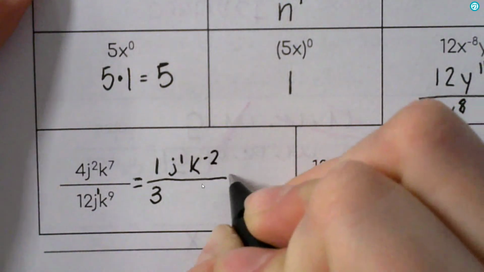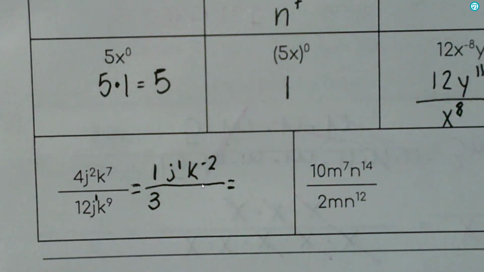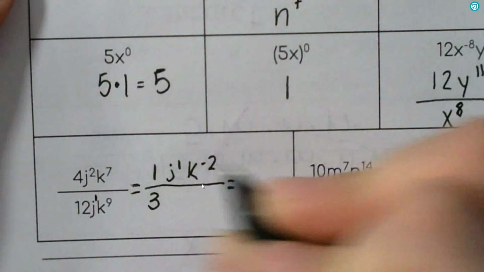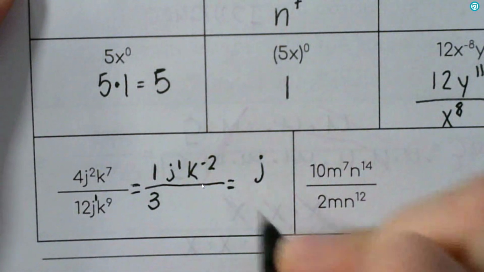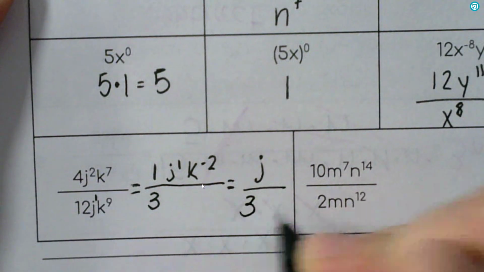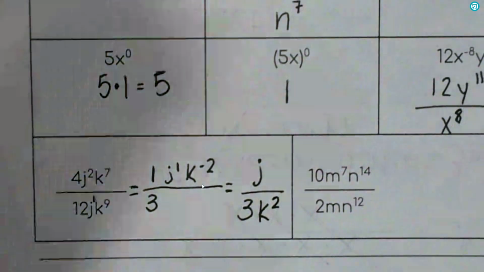So that's where I'm at right now. You got to move the k to the negative 2 to the bottom. So on the top, I've got 1j to the first. I'm just going to put j. I don't need to put 1j. And then on the bottom, I still have my 3, and my k squared is going to move to the bottom and become positive.